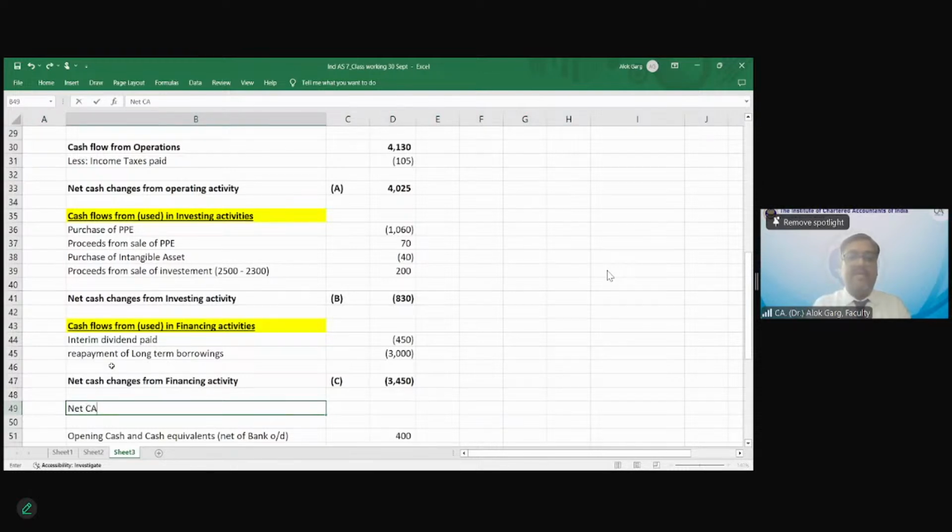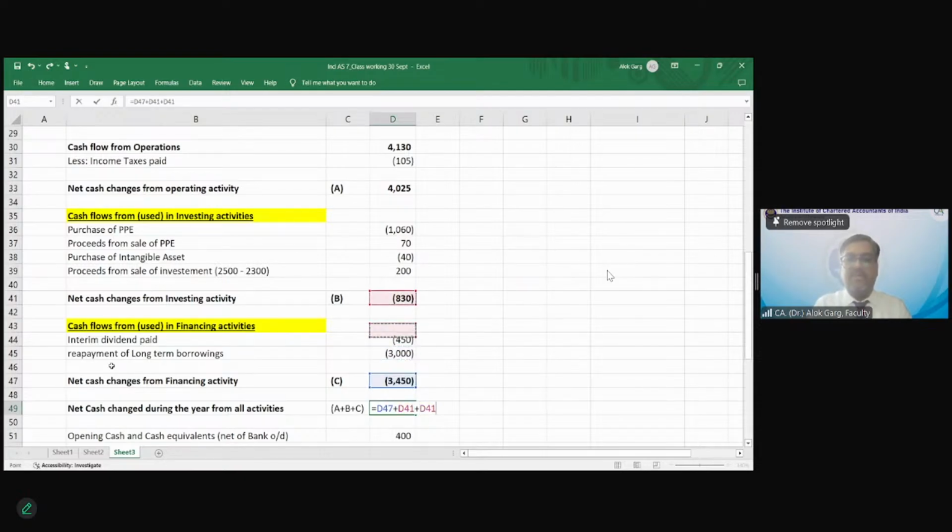Net cash change during the year from all activities. Means A plus B plus C. This plus this plus this. Negative 255, right?